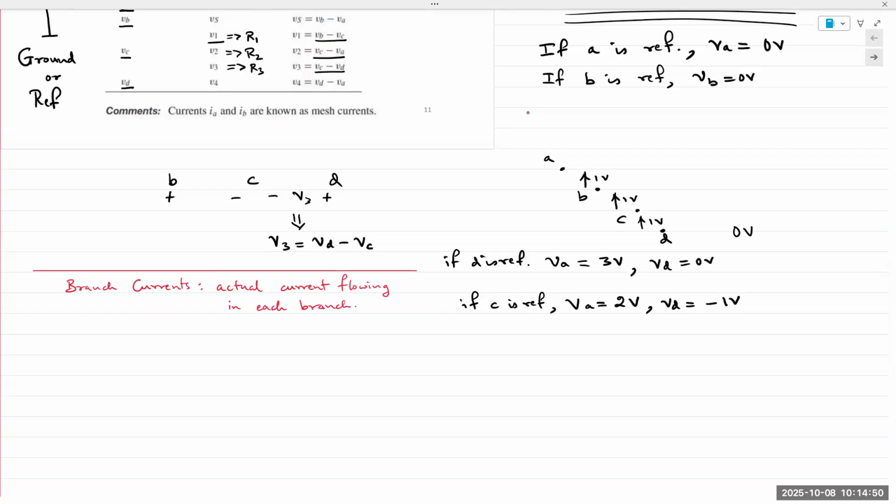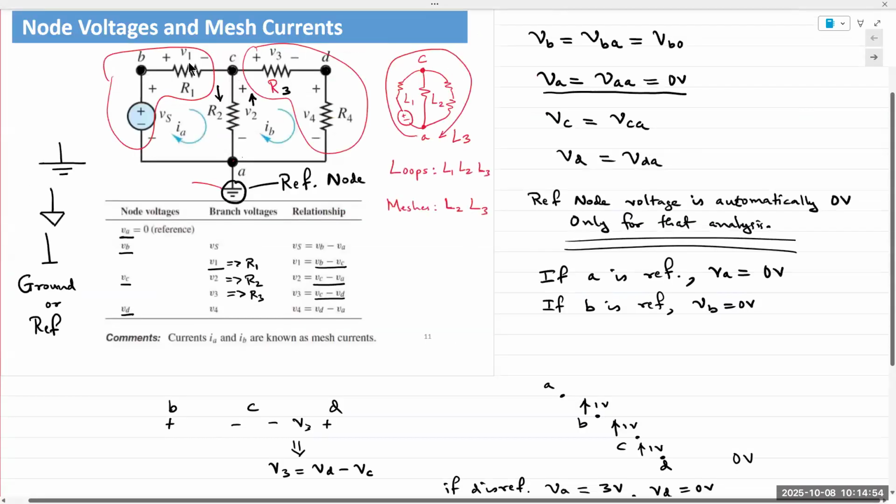Okay, branch currents. For the purposes of simplicity, if I was to look at this circuit, I would simply call them IR1, IR2, IR3, and IR4. Automatically notes that IR1 is the current flowing through R1, and so on and so forth.